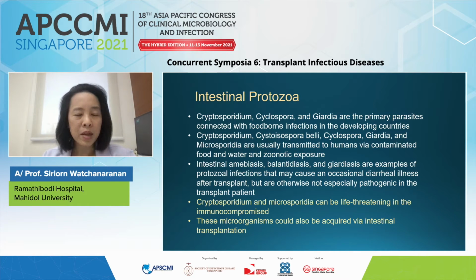But in terms of immunocompromised hosts, I would say Cryptosporidium and Microsporidia can be life-threatening and are very important. These microorganisms can also be acquired via intestinal transplantation. Intestinal amoebiasis, balantidiasis, and giardiasis can also be seen in transplantation and are mostly diarrheal illnesses, but not quite pathogenic. Next slide.